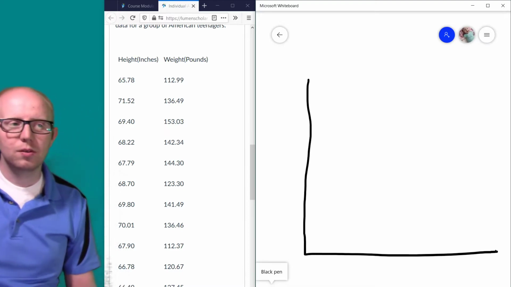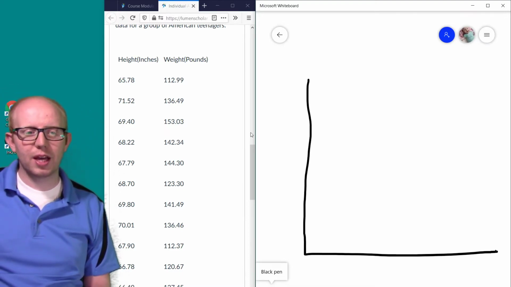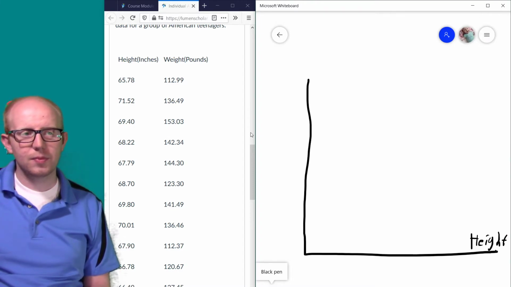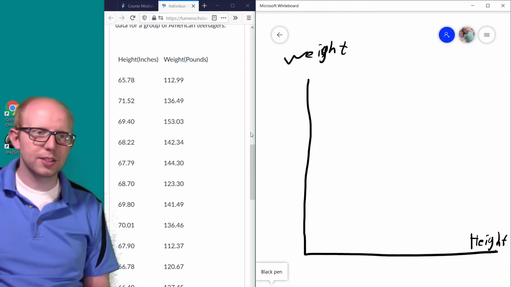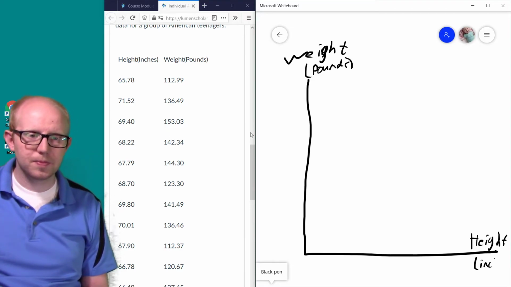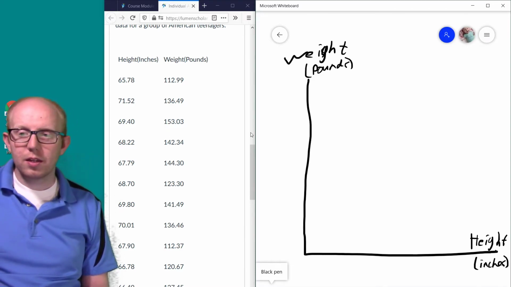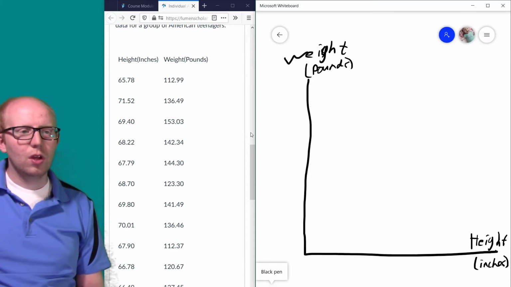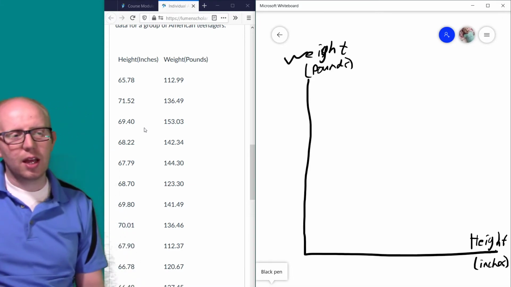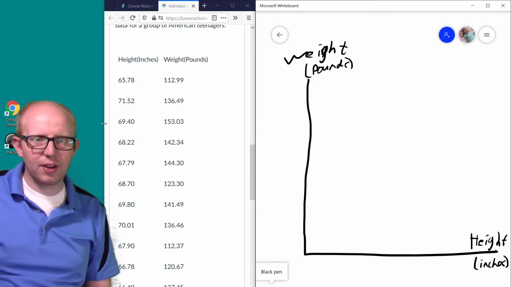So I'm just going to go ahead and put the height on this axis and the weight on this axis. So here's the weight in pounds. Here's the height in inches. Now we need to look at the height and find the lowest and highest value.